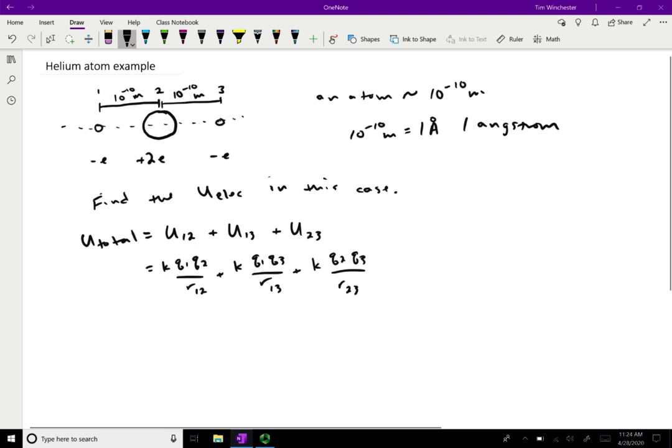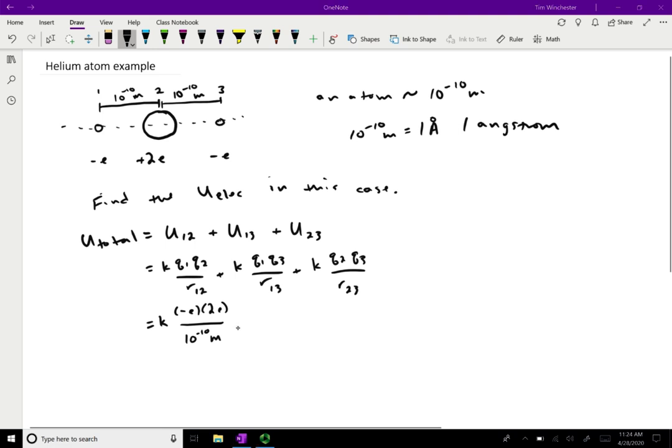Okay, so now let me plug in the values. So I've got k in this first one. q1 is minus e, q2 is 2e, and the distance is 10 to the minus 10 meters.